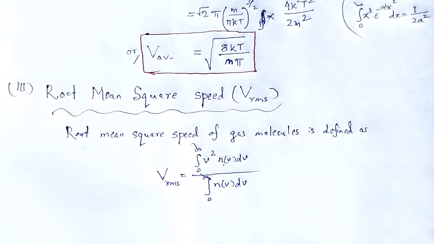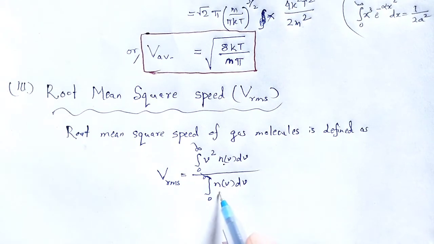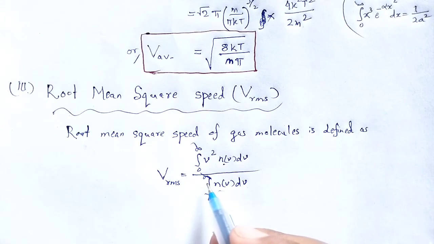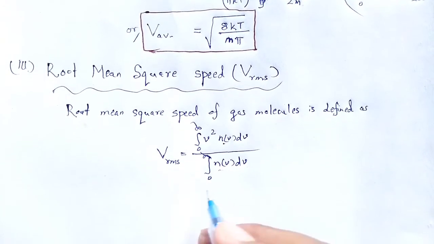Here n_v dv is the number of gas molecules in the velocity range v to v plus dv, and the integration from 0 to infinity of n_v dv is the total number of molecules N.